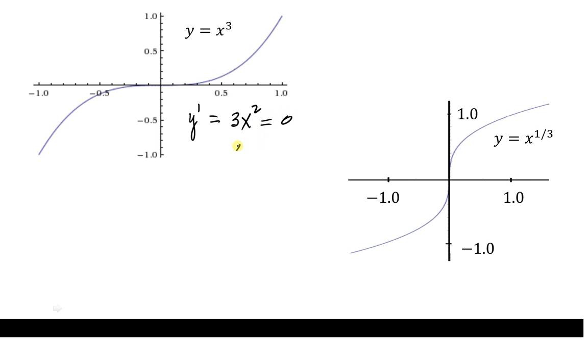And it's equal to 0 at x equals 0. And you can see that at x equals 0, it is not a relative max or min.